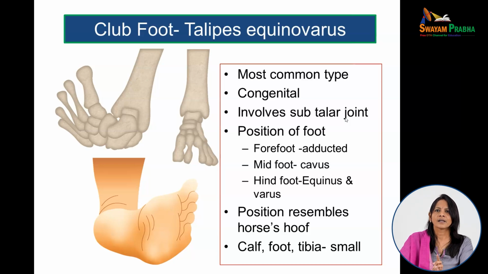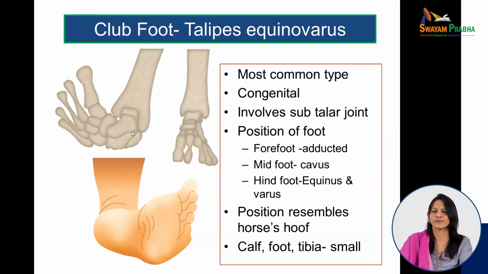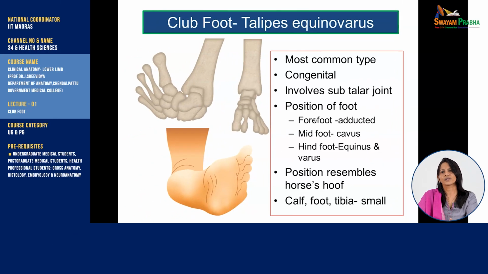That constantly altered subtalar position causes the subsequent deformity in the forefoot, midfoot, and the hindfoot. So the forefoot is adducted. So you see the adducted position of the forefoot, which is seen in this bony picture.